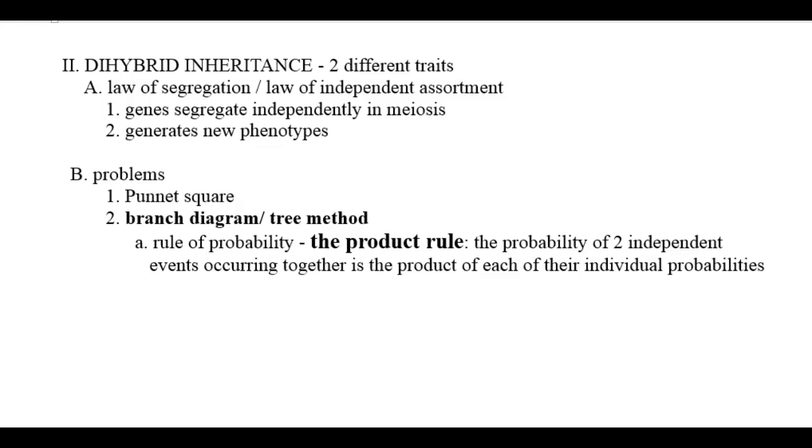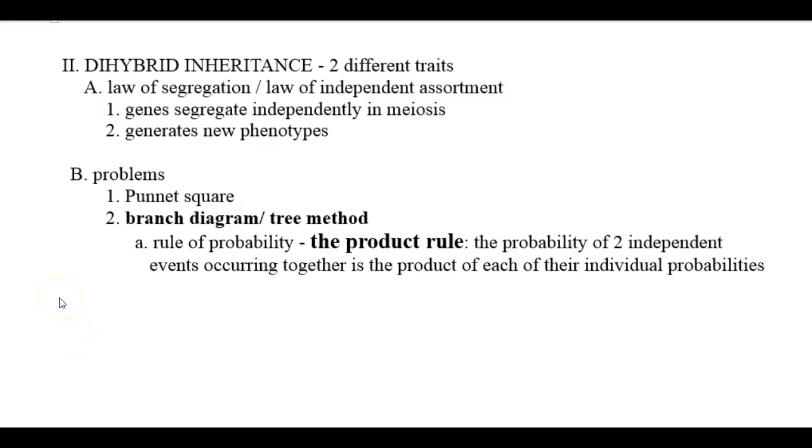Then the law of independent assortment: genes for the different traits are going to be inherited independently from each other. So let's look at the problems. We're going to do dihybrid problems, and there's two ways we're going to do them.